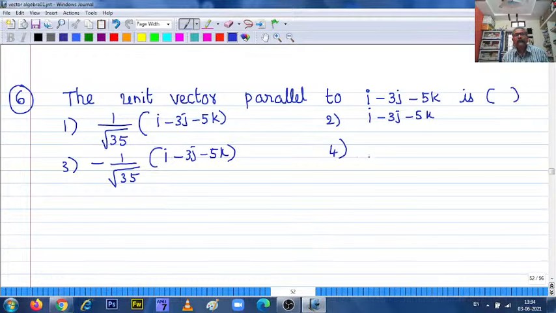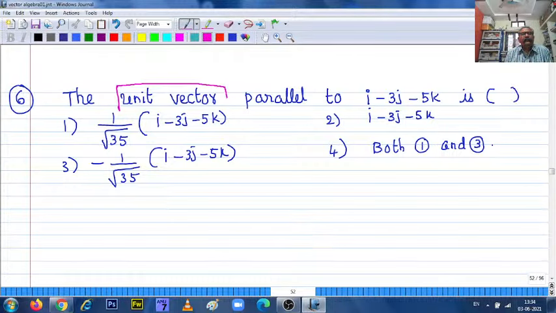Fourth one is both 1 and 3. Both 1 and 3. Okay, try this question. The unit vector parallel to the given vector we need to find out. Option 4 is correct.